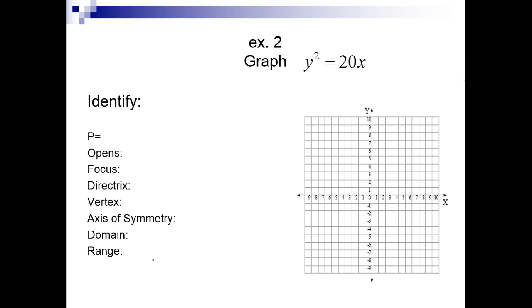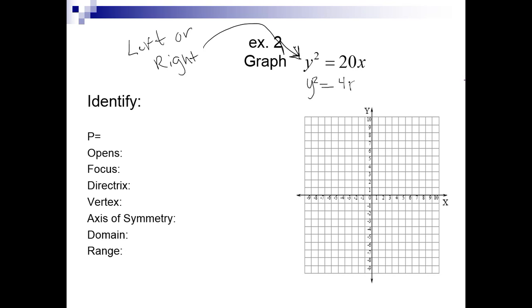So now, if you remember, a y squared parabola is one that opens left or opens right. So I know I'm going to be opening a left or a right parabola, and that's because of this y squared over here. I want to first find that P so I know if I'm opening left or right. So I need to rewrite this using standard form.